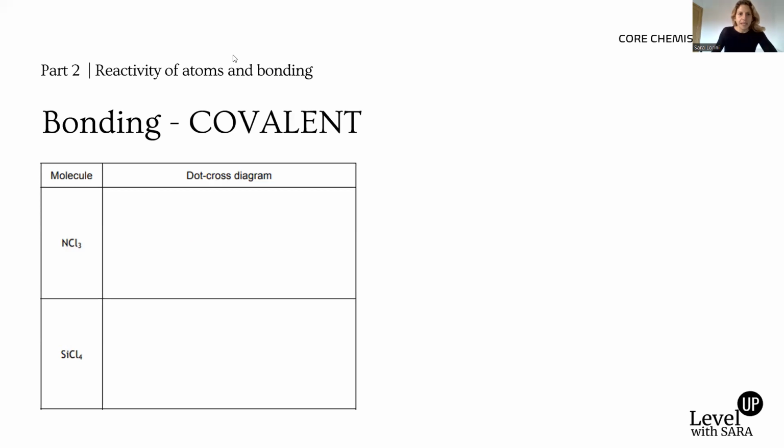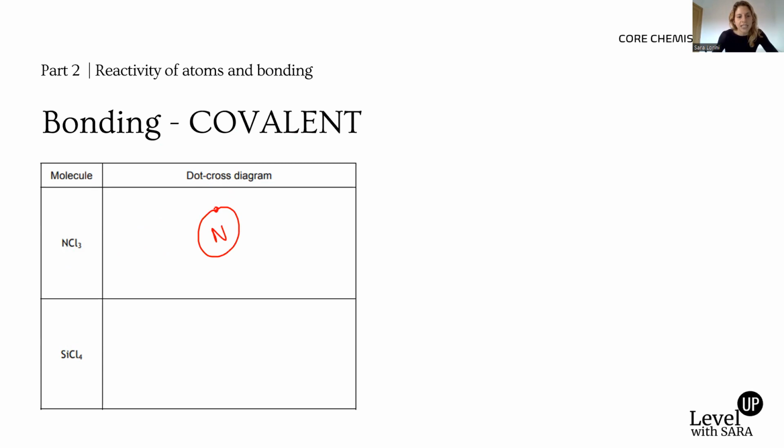Okay, if you've played this because you're ready to see the solution, dot and cross diagram. Very important here. I hope you opened your periodic table because you really do need that to do this. And also remember that dot and cross diagrams can be of different bonds, so you need to identify which bond it is first. It's covalent, okay? So we have the nitrogen. It's our central atom.